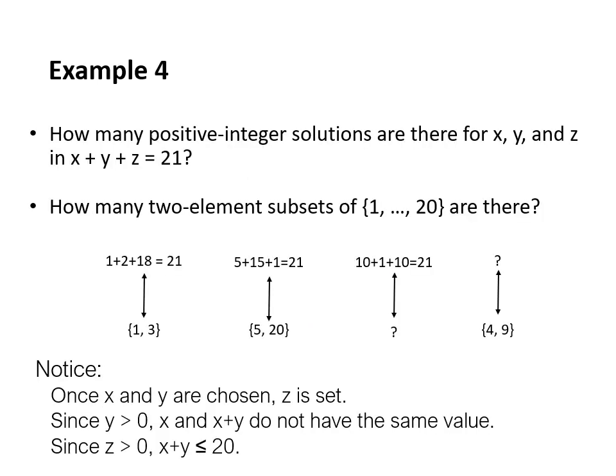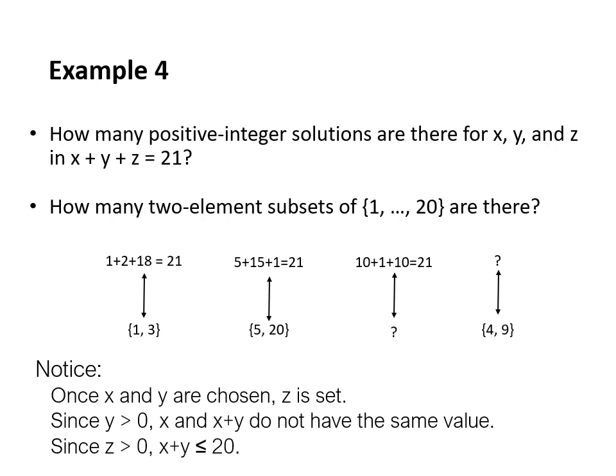So this is the last example in this series that we'll take a look at, and this one is a little bit harder. We are trying to count how many positive integer solutions there are for x, y, and z such that x plus y plus z is equal to 21.